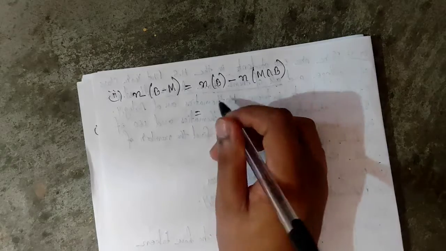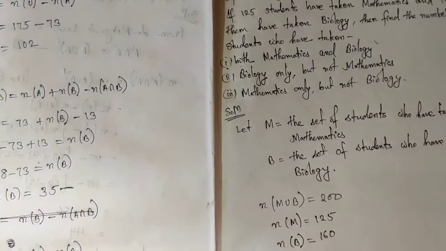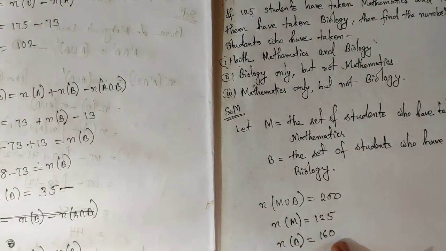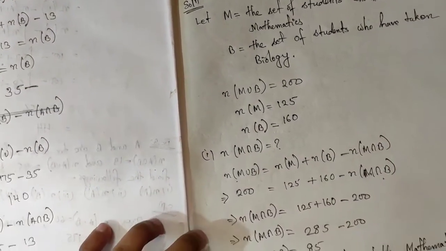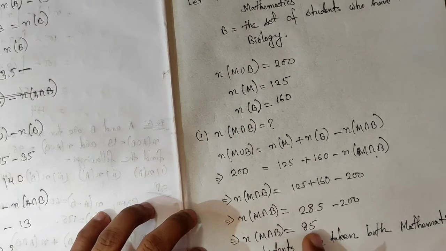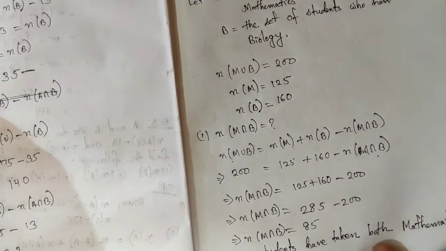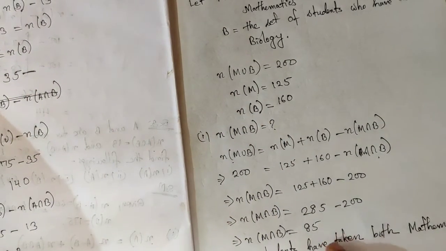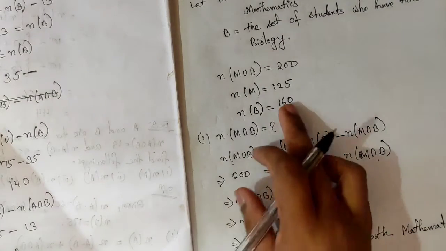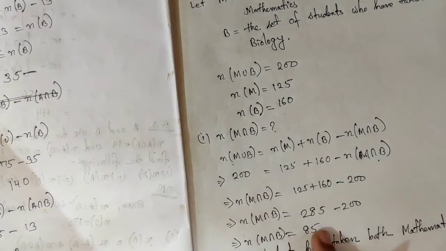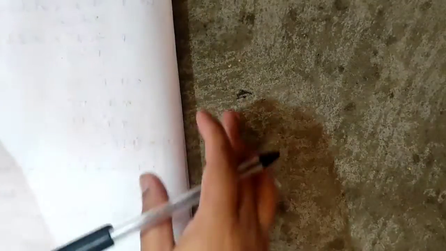What is n of B? We already know it, it is given in the question: n of B is 160. And n of M intersection B is 85. We have already found that, the students who have taken both mathematics and biology. So we will put this 160 and 85 in the equation.